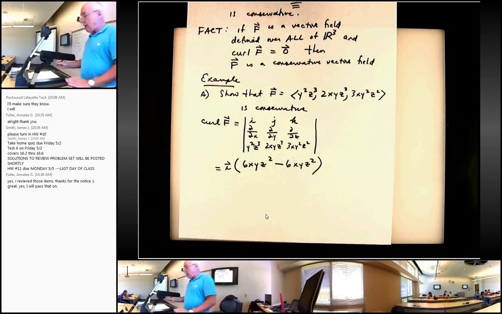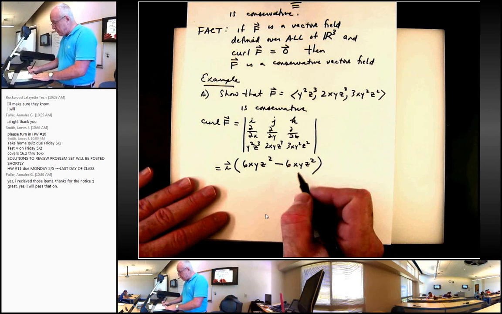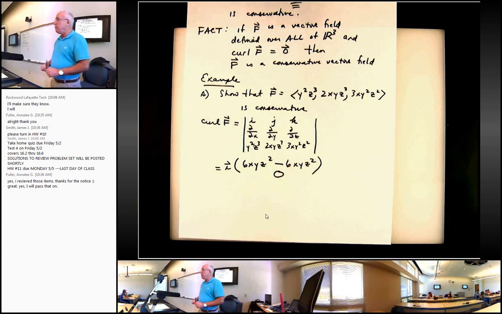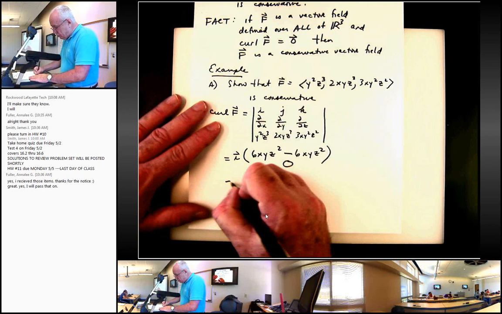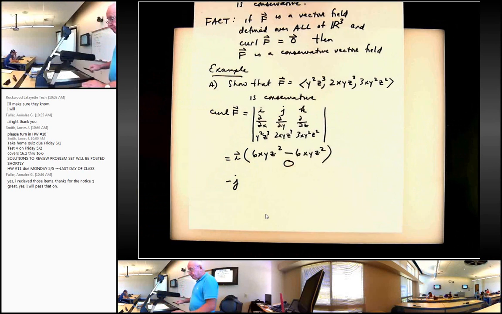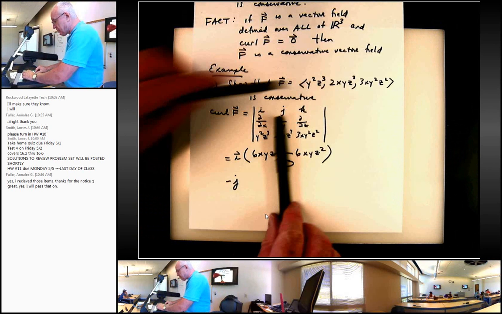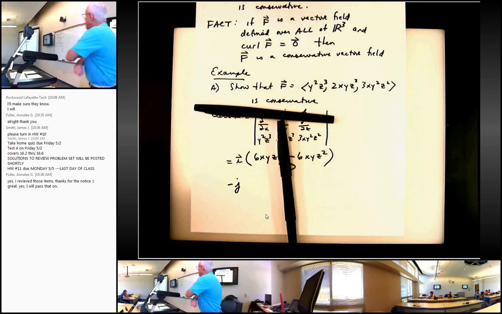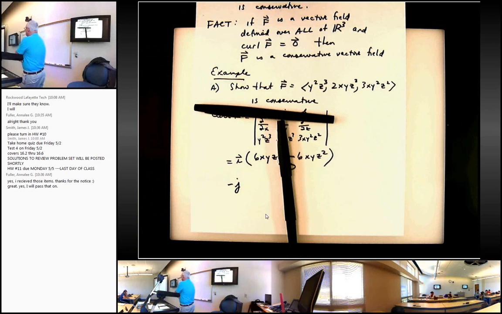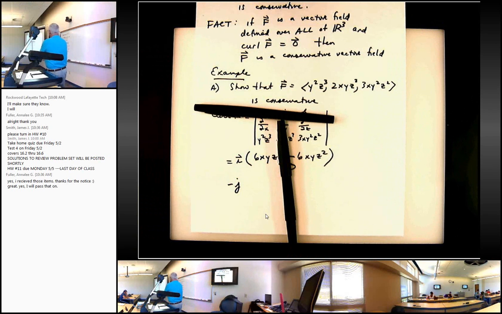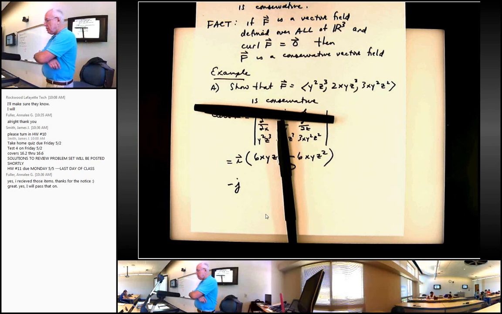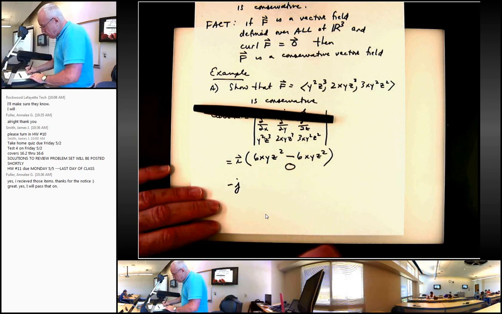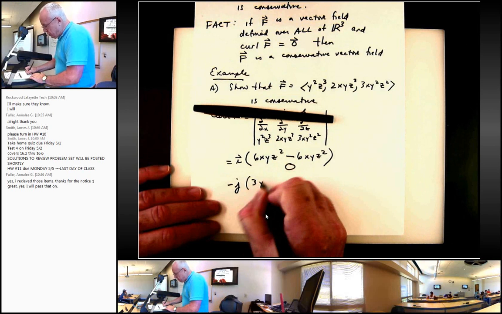Okay, so we see right off the bat these are both the same, so I have 0 for my first value. And then we do a minus j for my second one. Let us cancel out the first row and the second column. So we have del/del x of 3xy squared z squared. X is our variable, it'll go to a 1, so we end up with 3y squared z squared.